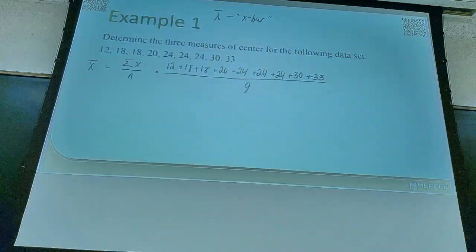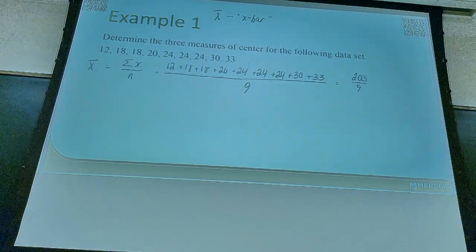You have 9 data points, so you just have to find that sum. It should sum out to 203. And so it'll be 203 divided by 9.